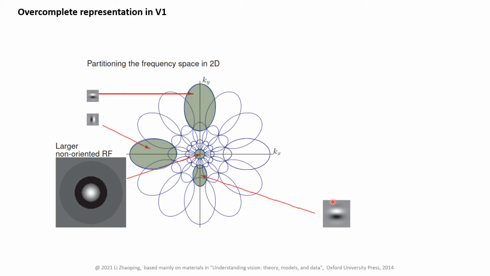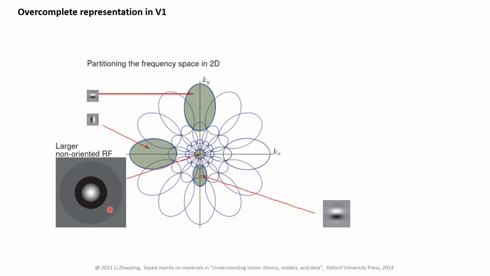Now here's another horizontal filter. It's larger than that one, so must be tuned to a lower frequency, so around here and there. You also notice that in the middle, there is low frequency for both the horizontal frequency and vertical frequency. This circle covers a special frequency range. They're really low frequency, and therefore it has a larger residual field, and it's not tuned to orientation.